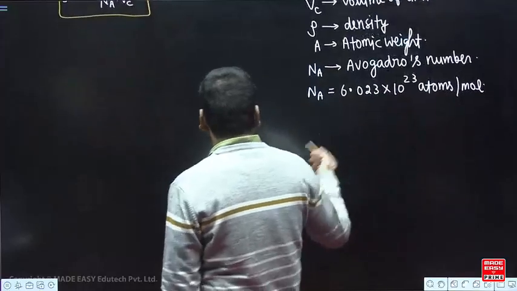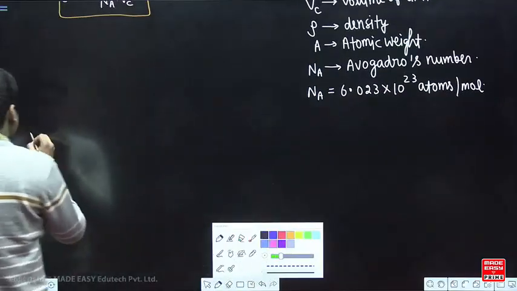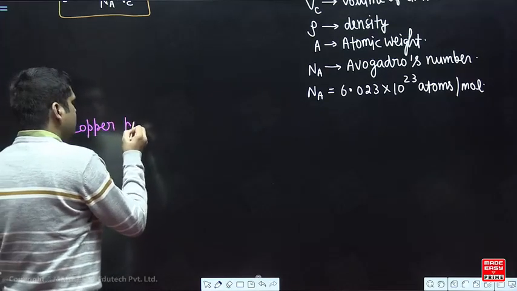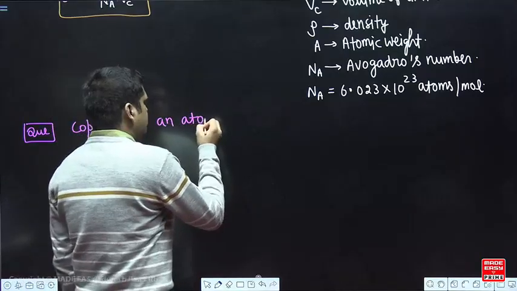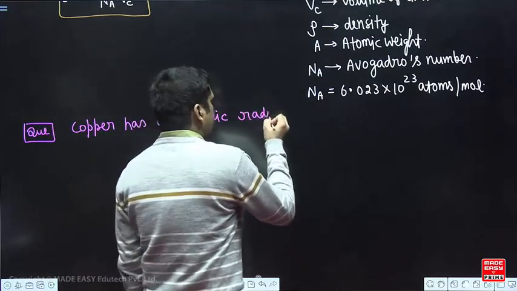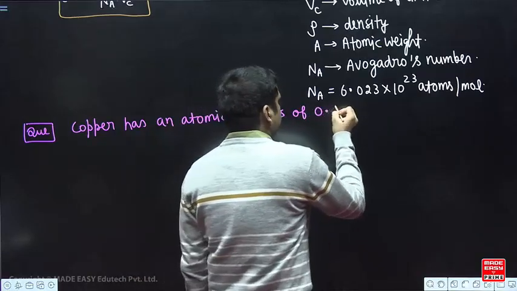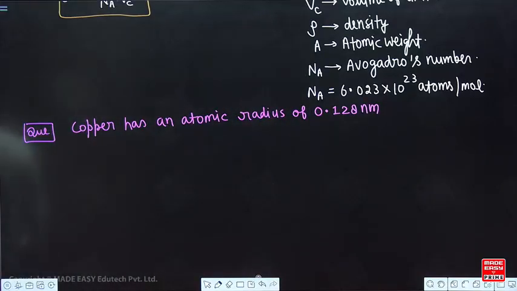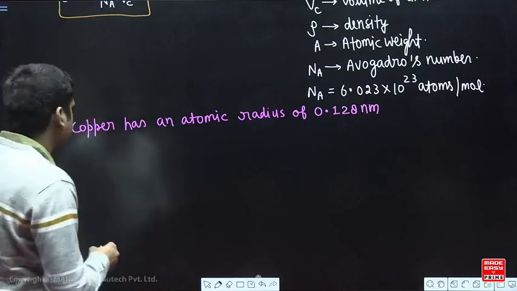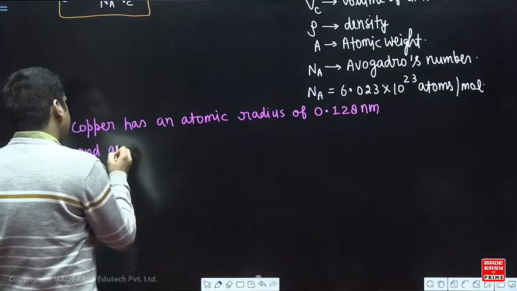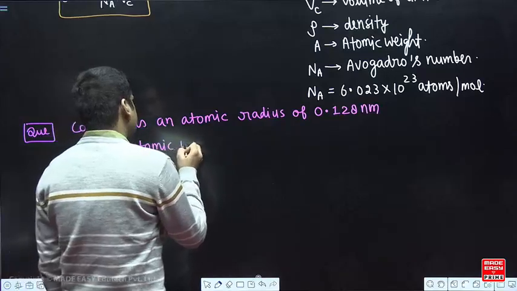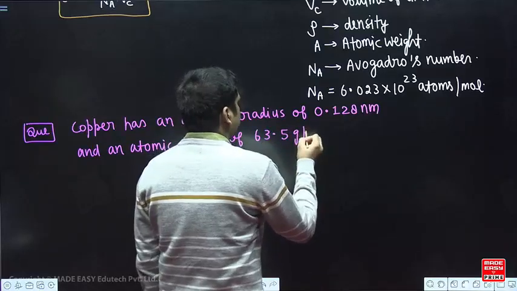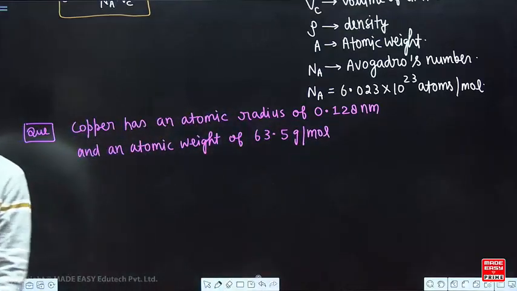Copper has an atomic radius of 0.128 nanometer and an atomic weight of 63.5 gram per mole.